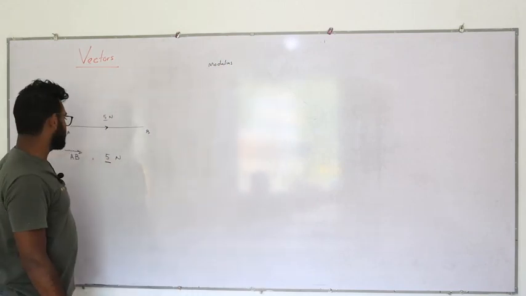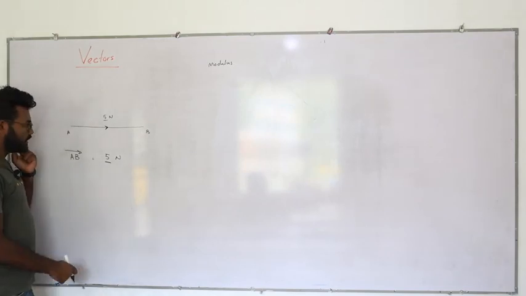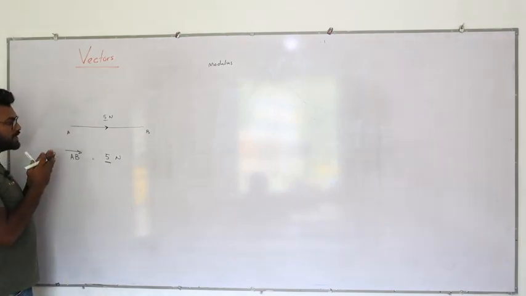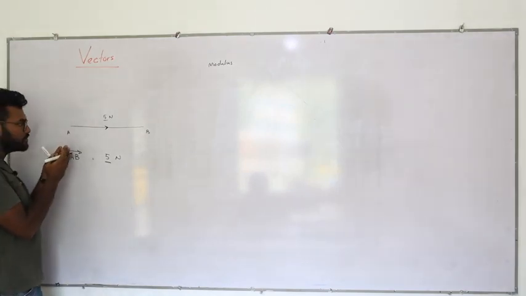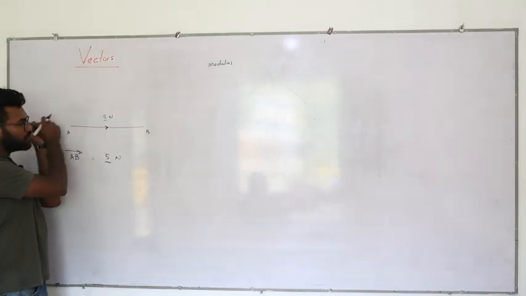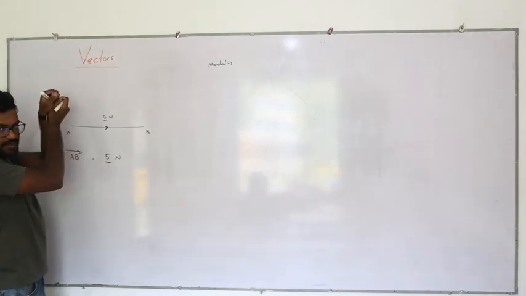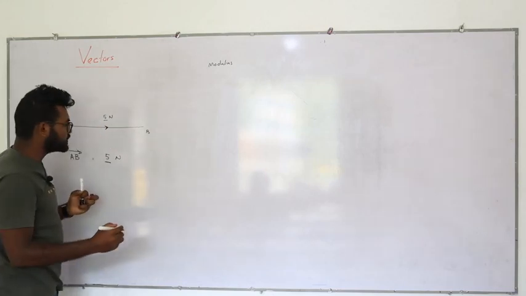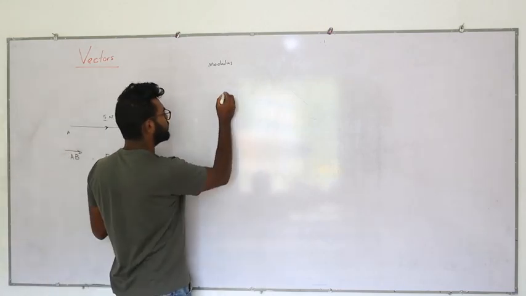Which means if you need to consider only the magnitude, which is 5 newtons here, we don't need to consider which direction it is acting. So if you are interested in the magnitude only, we can represent it like this.